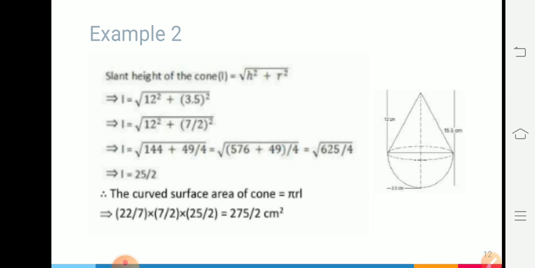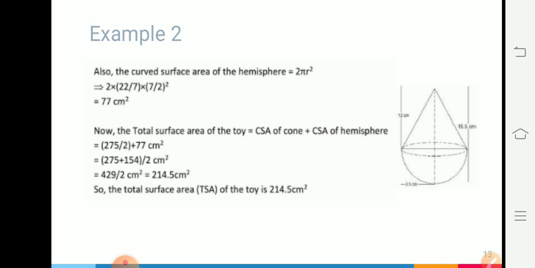Using this Pythagoras theorem, we can find out the slant height. Hence, we can find out the curved surface area of the cone using the formula πrl. Once we know the curved surface area of the cone, the curved surface area of the hemisphere is 2πr². Using this formula, we get 77 cm².